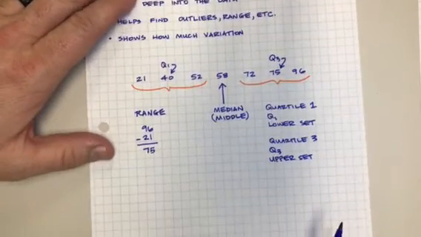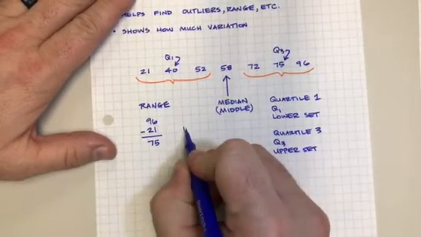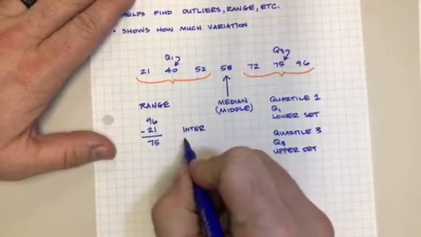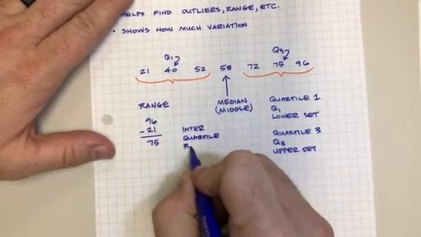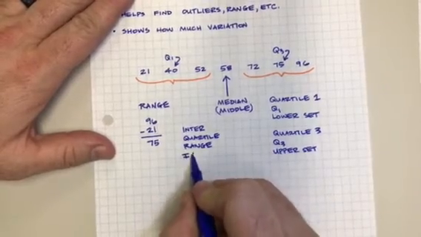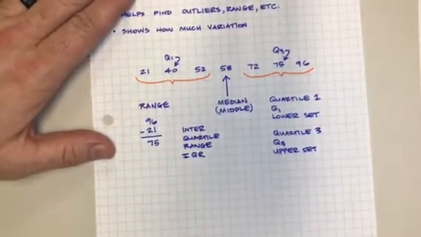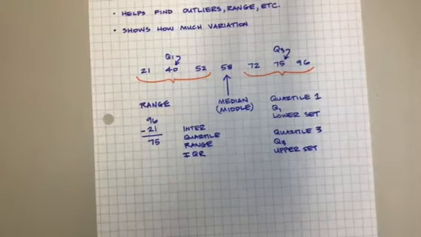The next thing we're going to look for, now that we know what Quartile 1 and Quartile 3 are, is what we call Interquartile range. And we abbreviate that by saying IQR. We're talking about the interquartile range. I'm going to switch colors so we can see this a little better.